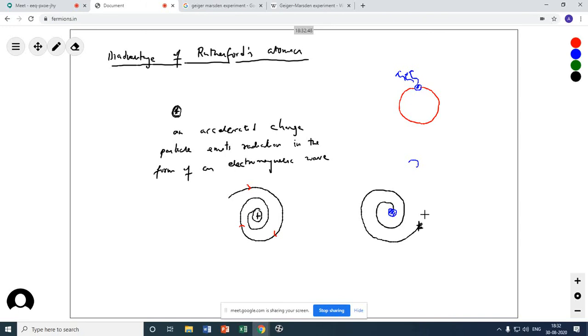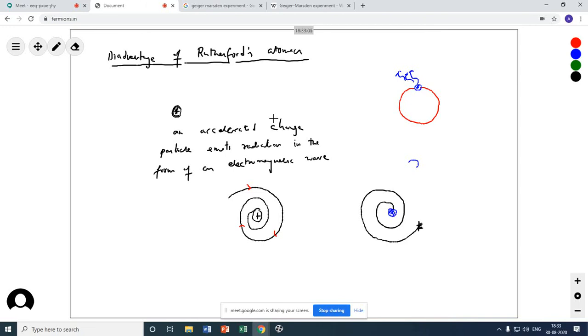So what I have explained to you is that the Rutherford model says we have a nucleus and the electrons revolve around it in a circular orbit.